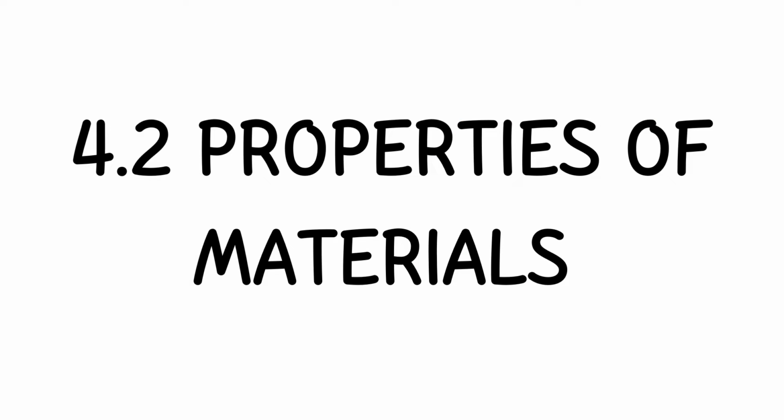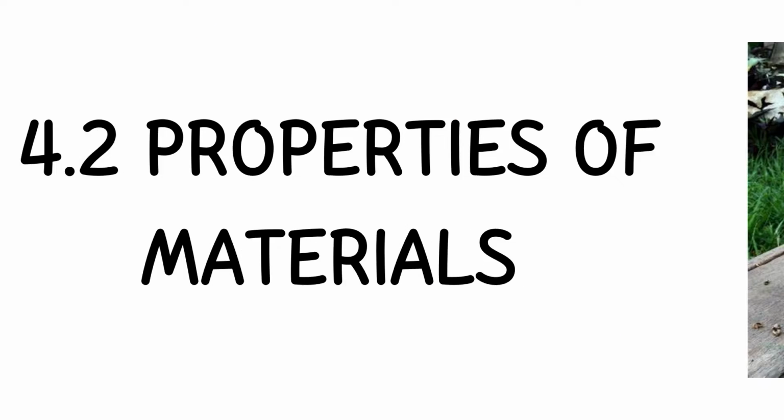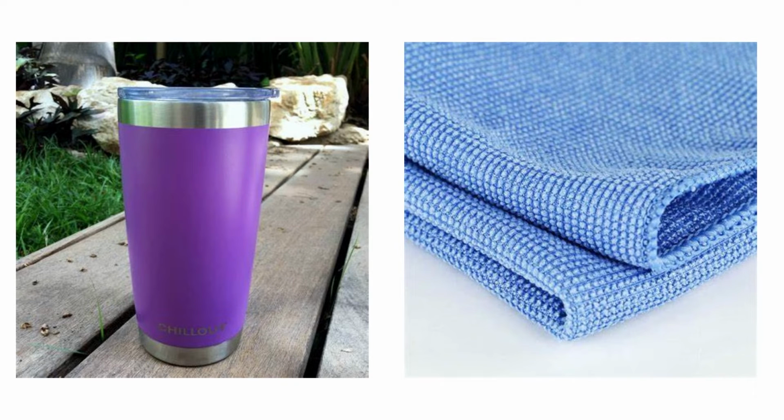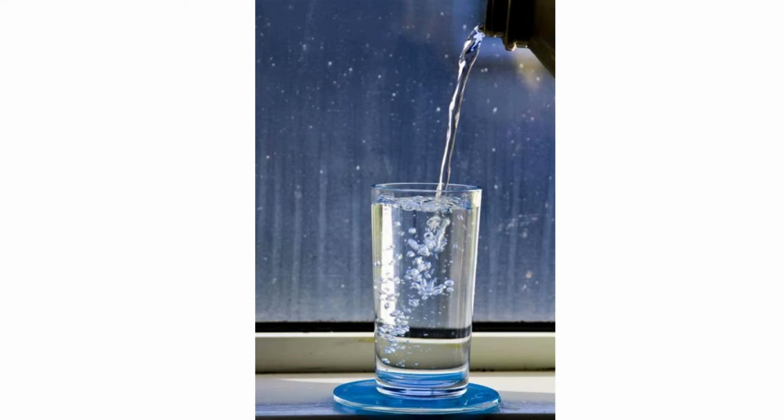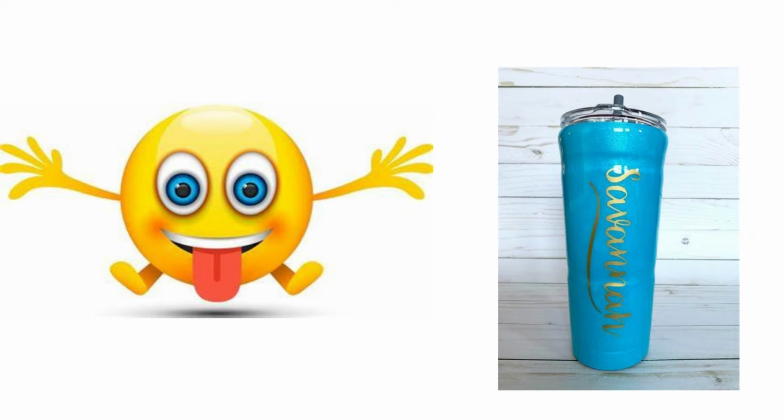Properties of materials. Have you ever wondered why a tumbler is not made of a piece of cloth? We generally use a tumbler to keep a liquid. Therefore, would it not be silly if we were to make a tumbler out of cloth?